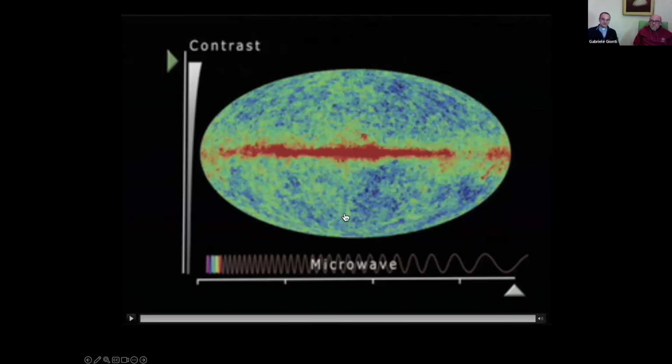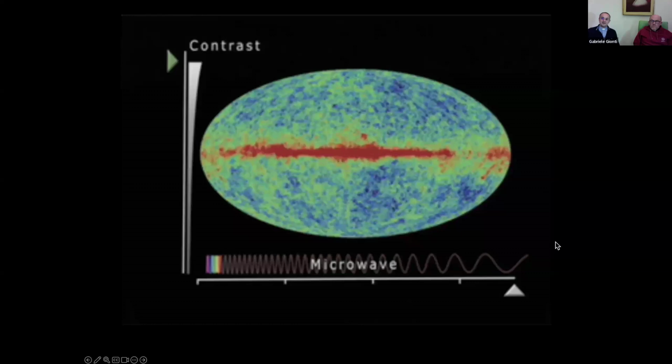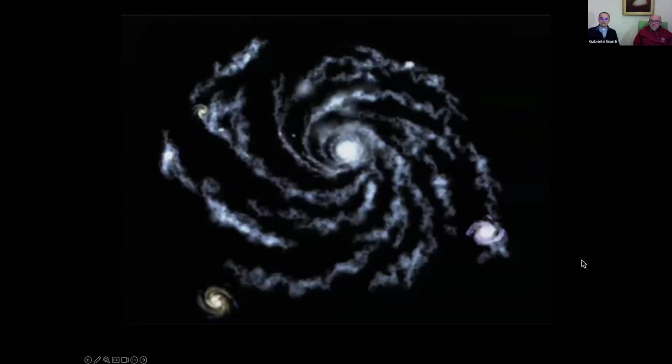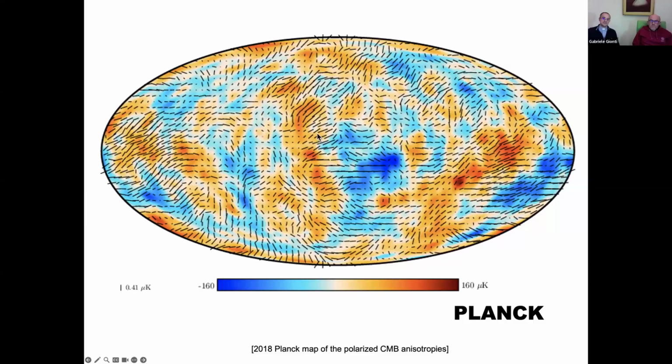And as I was mentioning, it's important not only the temperature, which is what we are seeing here, but also polarization. You see in this plot, there are not only blue and red spots, but there are also these small black rods on the plot, which describe the polarization.